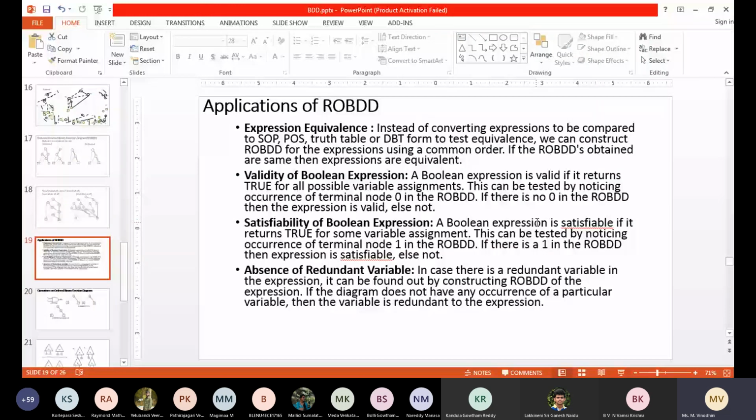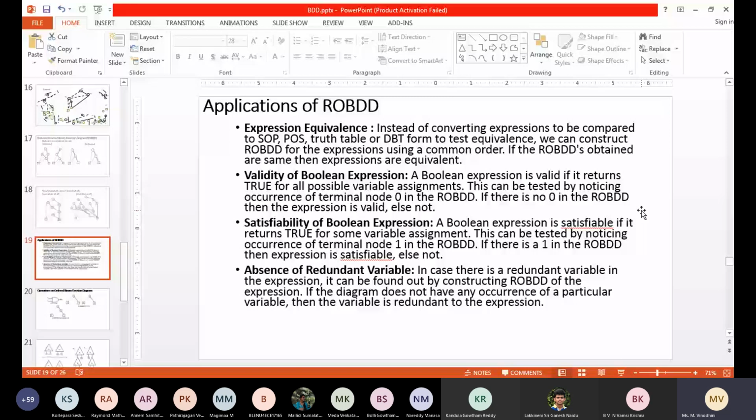Expression equivalence. If two Boolean expressions are there and you want to find out whether the Boolean expressions are right or wrong, in that situation we need to go with the ROBDD. You want to find out whether the two Boolean expressions are equivalent or not, same or not. In that particular situation, ROBDD will be helpful.